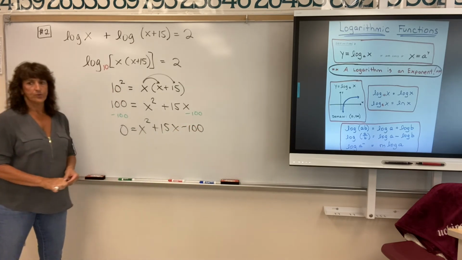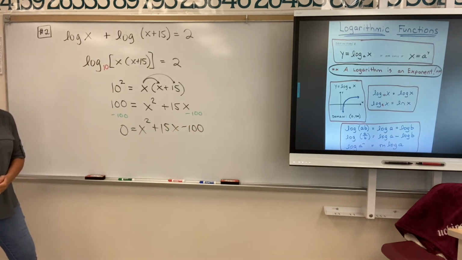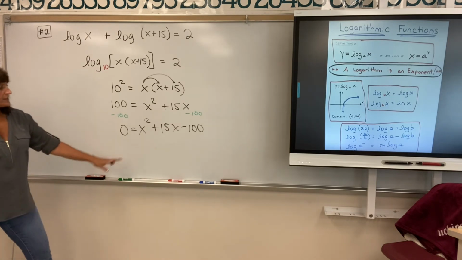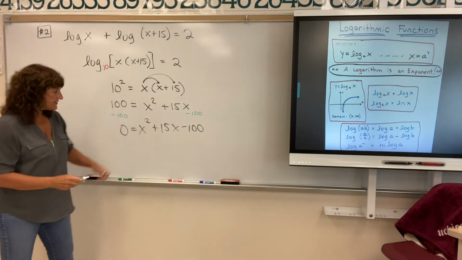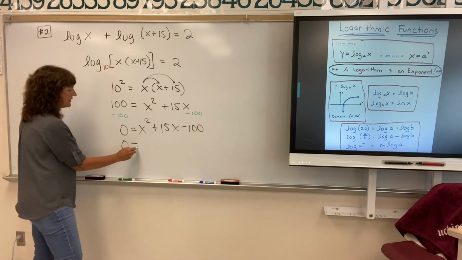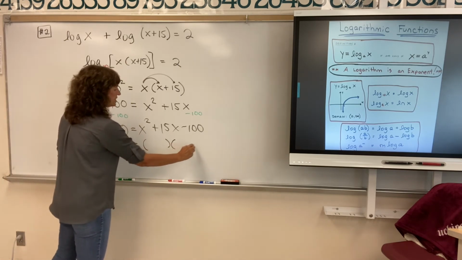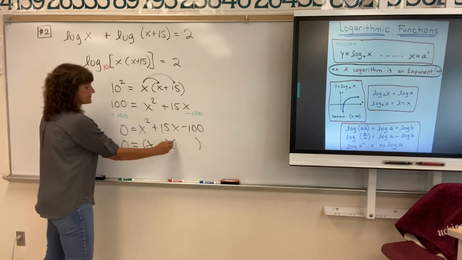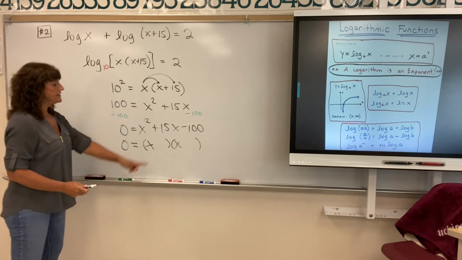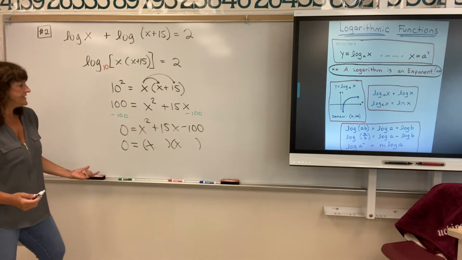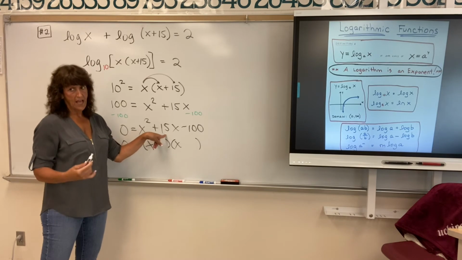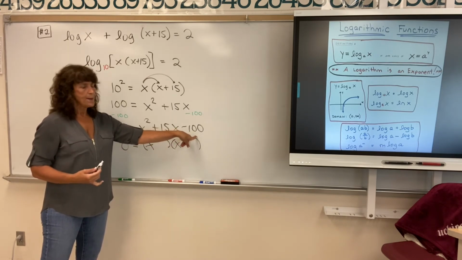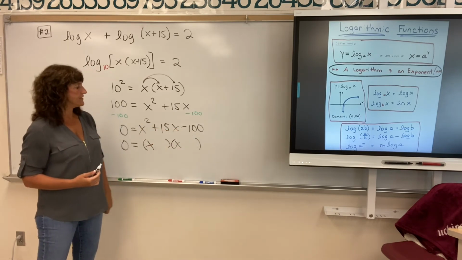So we're here. What do we want to do? Let's factor. When we factor this quadratic, x times x is x squared. For the 15, we want two numbers that add up to positive 15, but the product has to be negative 100.